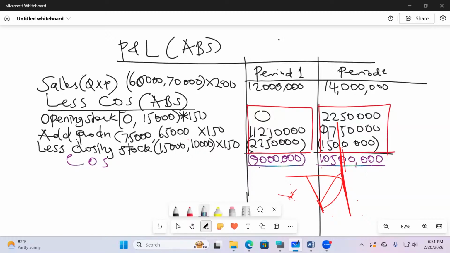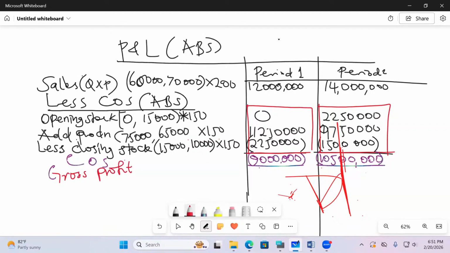So please go ahead and subtract the cost of sales from your sales figures to give me figures that I shall call gross profit, not contribution, isn't it? The contribution approach is only applicable under marginal costing. So we call this one gross profit.